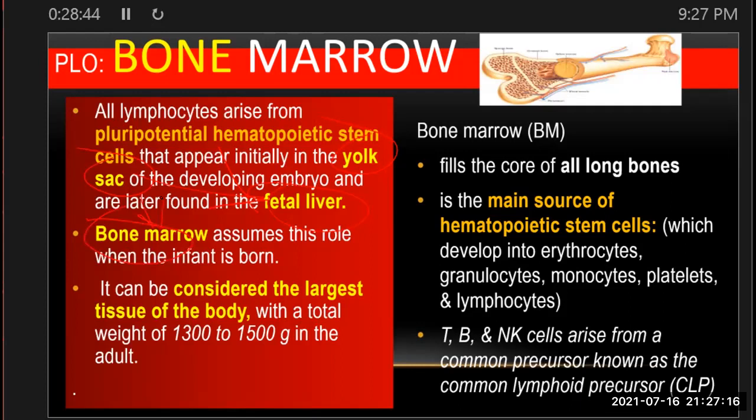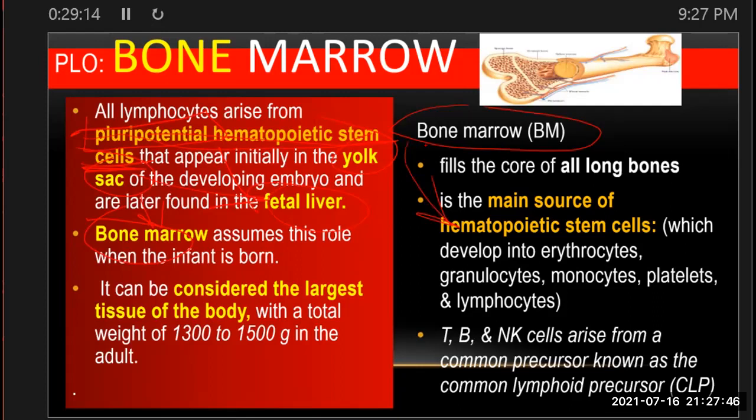Pluripotential means a cell that is capable of differentiating into cells of any type of tissue except placental tissue. Our pluripotential hematopoietic stem cells have CD34 positive markers on their cell surfaces. Please take note that the red bone marrow is the main source of hematopoietic stem cells.